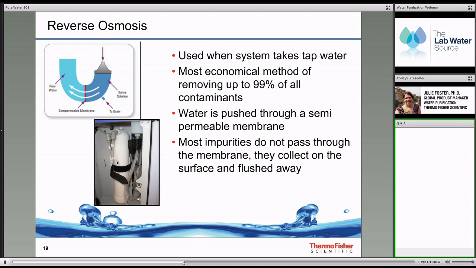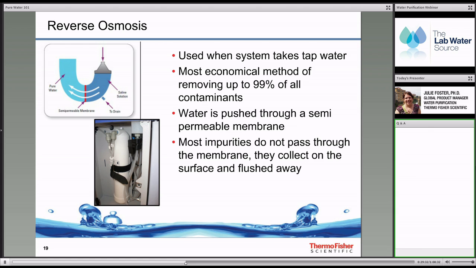If we think about the physical characteristics of an RO membrane, it includes layers of membranes and separating fibers that are rolled really tightly around a perforated center core. The feed water comes in the end of the housing and is forced through the sides, causing the water to enter the membrane.